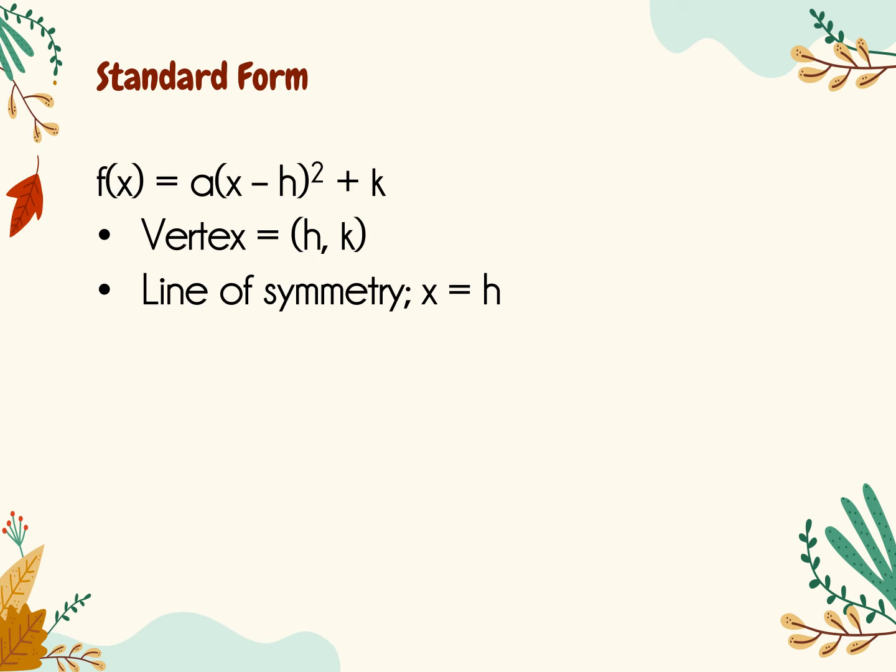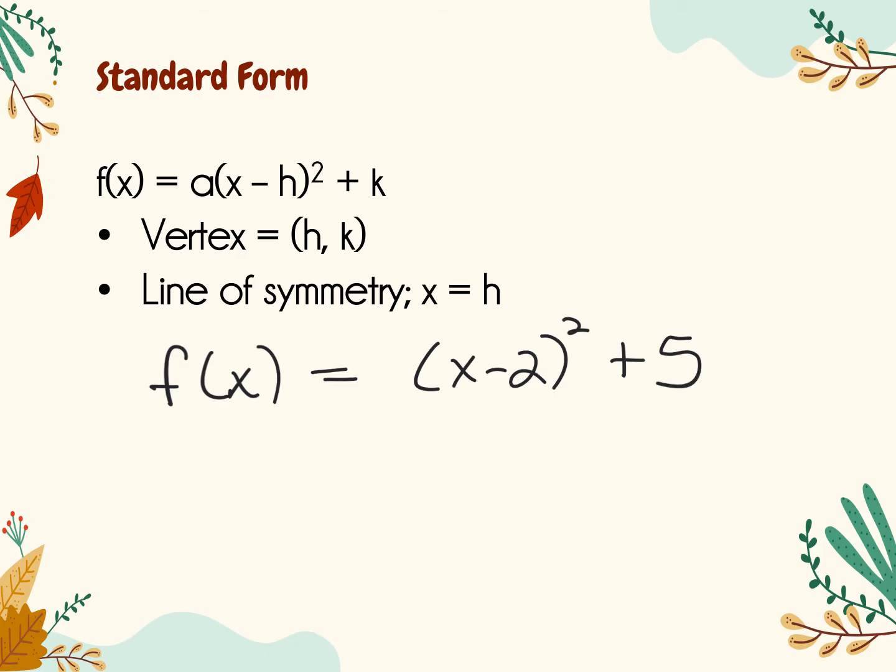So for example, if I said f of x is equal to (x minus 2) squared plus 5, right here, this is my H, this is my K. So when I go to pull out my vertex, the H is opposite of what you think because this subtraction sign here is not a negative sign, it's a subtraction sign.